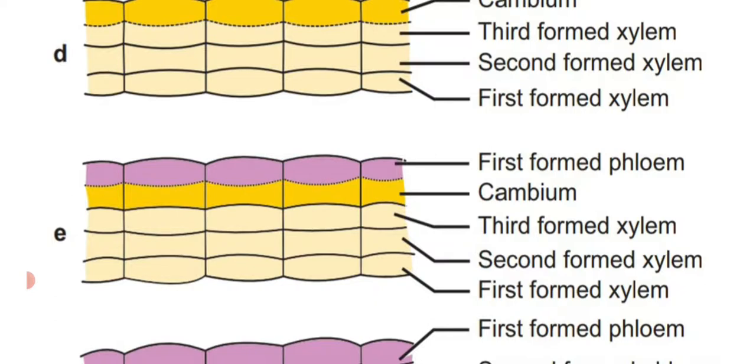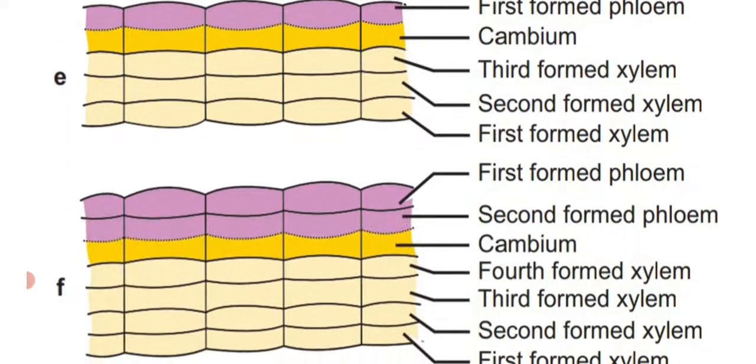Likewise, on the outer side, which is pink in color, they produce the first formed phloem. On the inner side they produce layer by layer xylem components. Then inner to the first formed phloem they produce the second formed phloem.